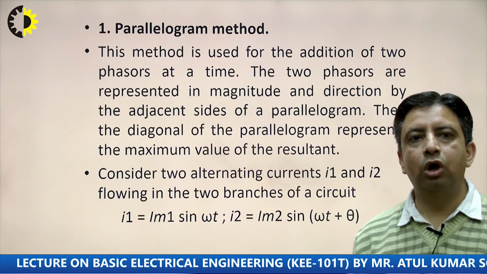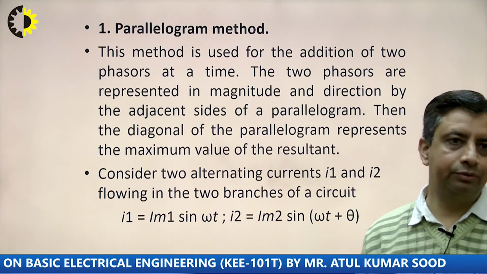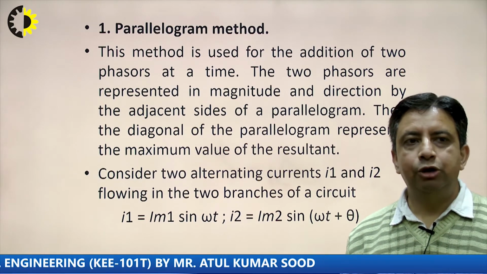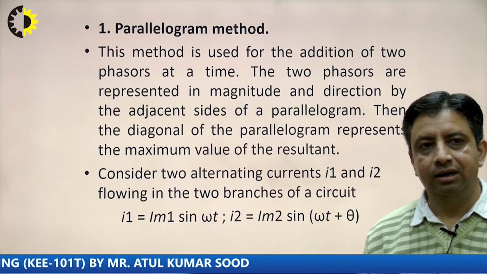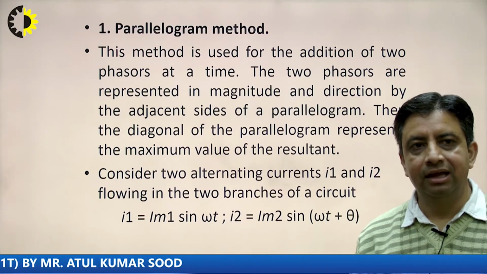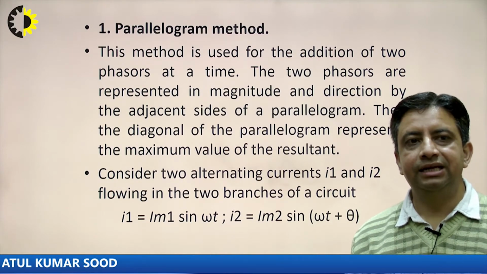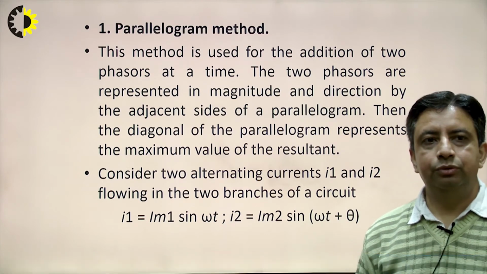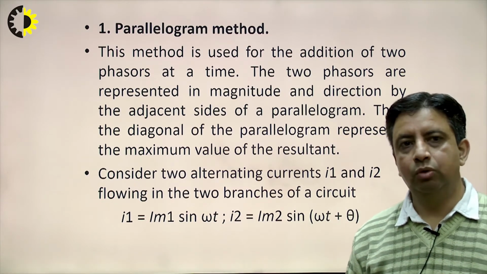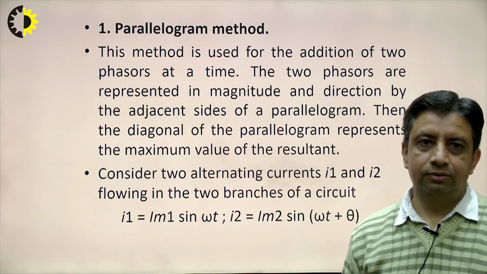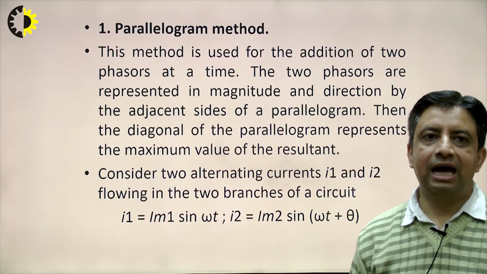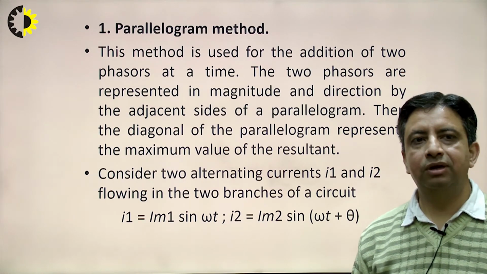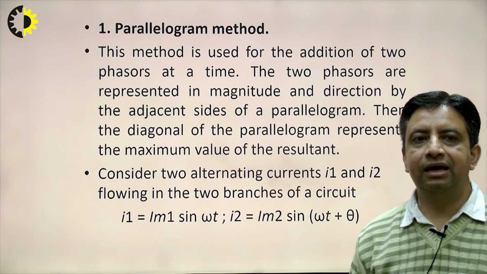Suppose we have two alternating currents I1 and I2. I1 is represented by Im1 sin omega t. Im1 is the maximum value of this current, and as you can see here it is resting on the horizontal axis. Similarly, I2 is equal to Im2 sin(omega t plus theta). Here Im2 is the maximum value of this second current, and this phasor is shifted by an angle theta.